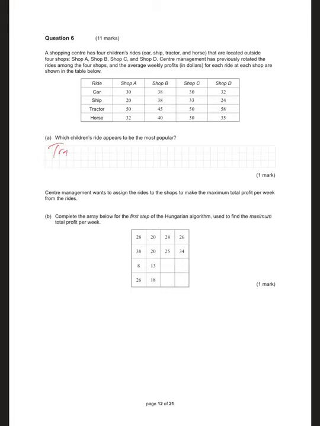Tractor, as it has the highest profits in every location. Shop A, it's 50. Shop B, it's 45. Shop C, it's 50 again. Shop D, it's 58. Everyone likes the tractor.